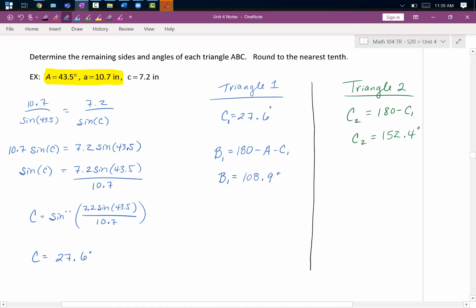All right, let's do the same thing for our second triangle. So to find B2, I'm going to take that 180 degrees minus A minus C2. So what do we get for B2?